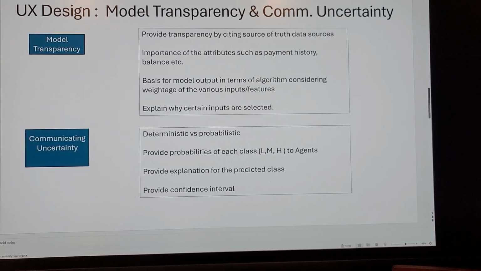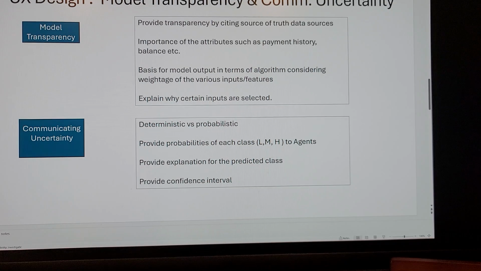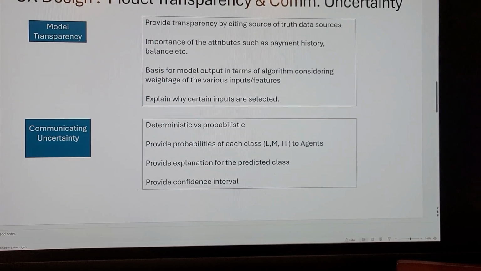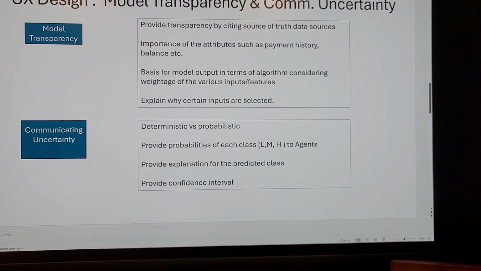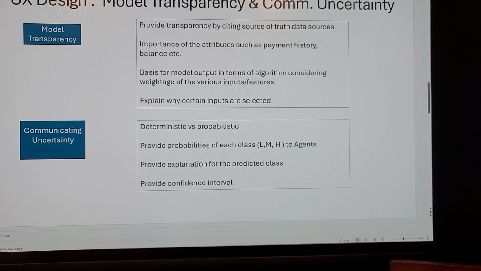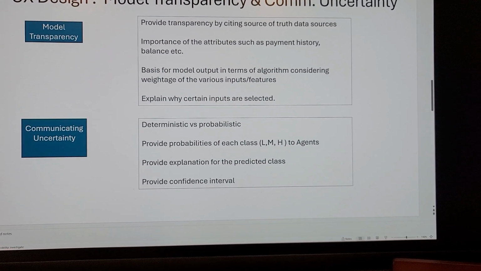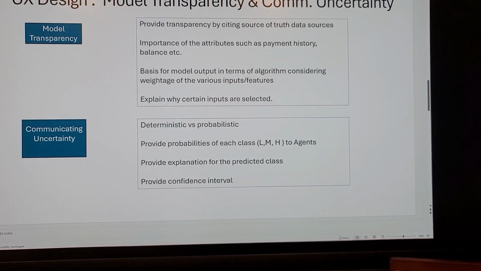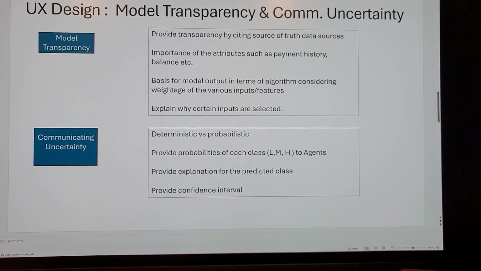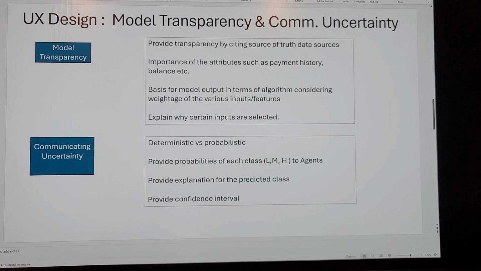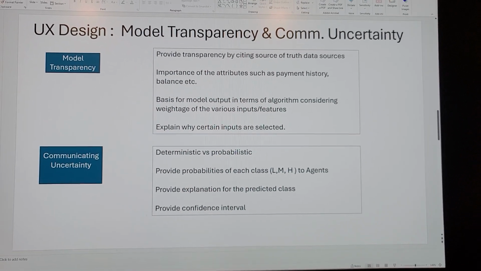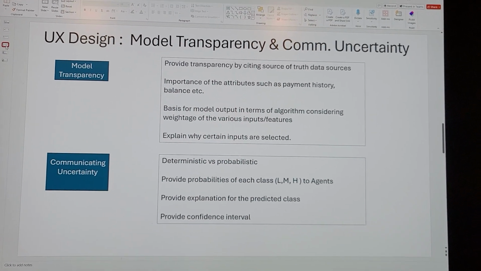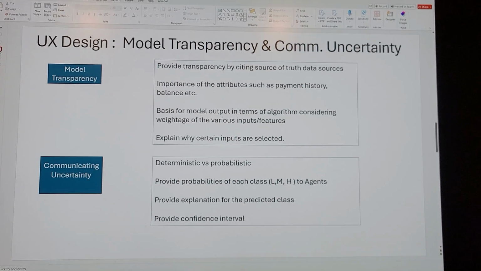Communicating uncertainty is essentially in the two broader categories of deterministic and probabilistic. We would provide probabilities through the model of each class of low, medium, high risk to the agents and provide an explanation for the predicted class. For example, low risk means the customer is a tenured customer with very low payment risk associated with it.